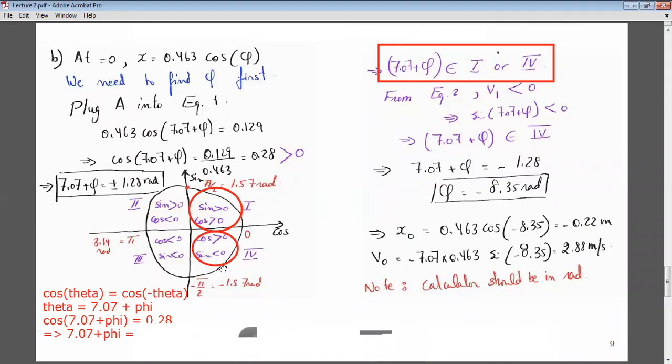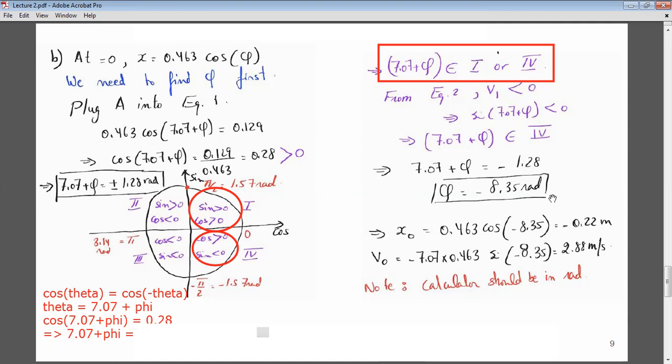Where is the sign negative? The sign is negative in region 4. So now we can say that the angle is not plus 1.28, it is minus 1.28, because that angle is in region 4. So 7.07 plus phi is minus 1.28, phi equals minus 8.35 radian.